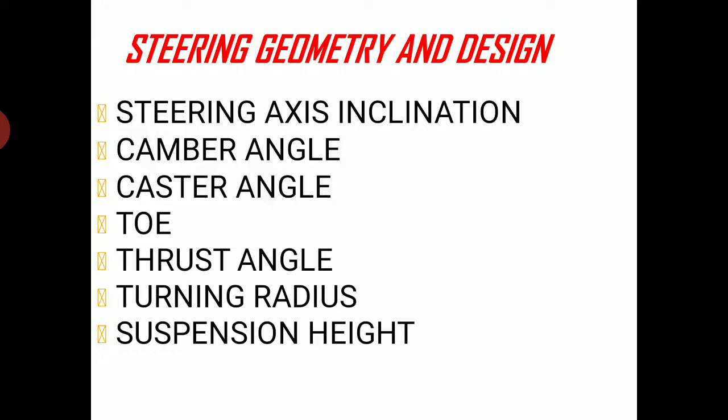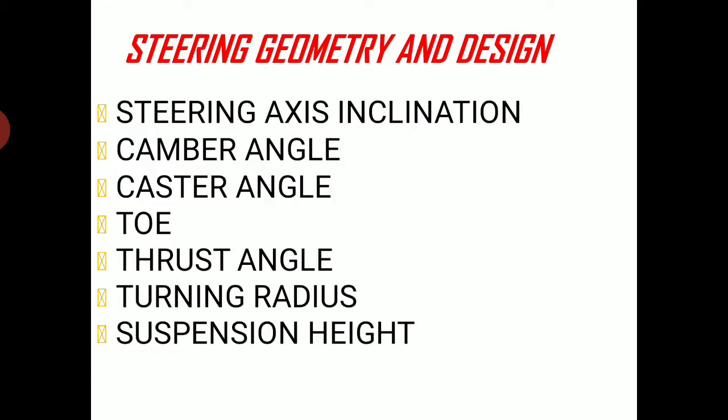Several front wheel alignment factors must be considered, such as camber, kingpin, steering axis inclination, caster, toe in and toe out. These are the different angles we need to consider to have good stability, smooth running and easy steering of the vehicle.